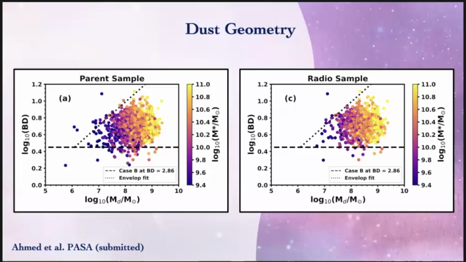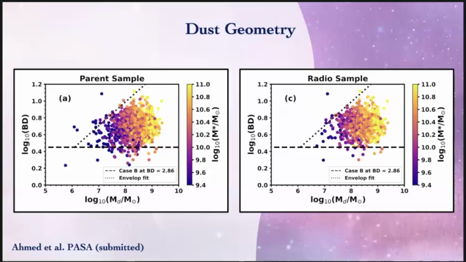And the dotted line is the empirical envelope line that we have defined at the highest point. This empirical line mostly traces the upper limits of the data. And this figure shows galaxy obscuration over the entire range of the measurable Balmer decrement at the higher dust mass.